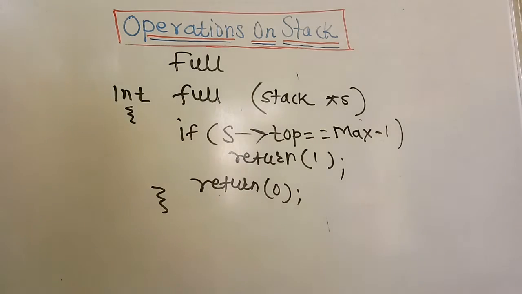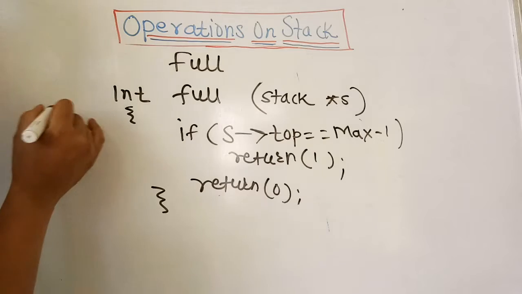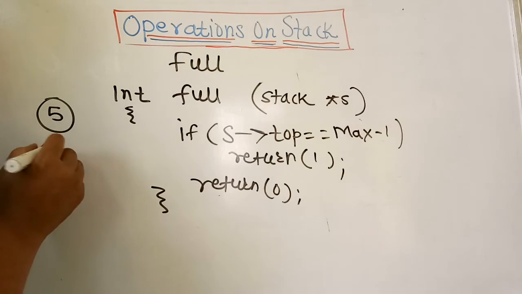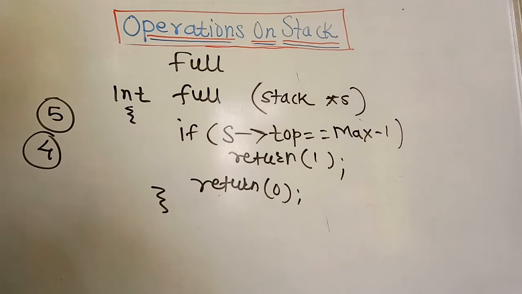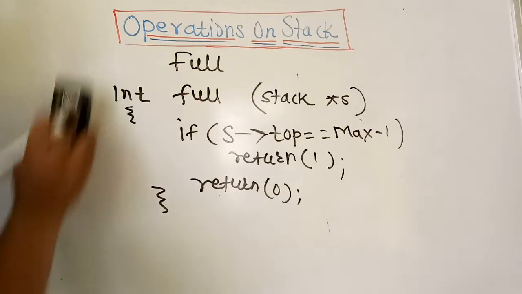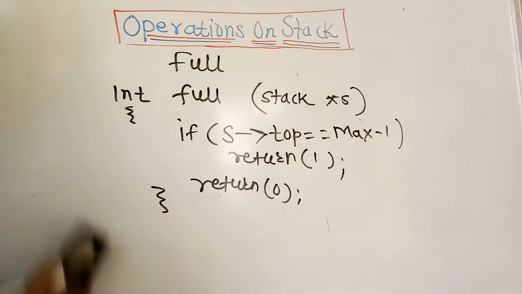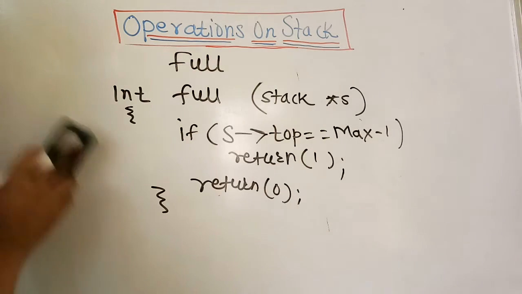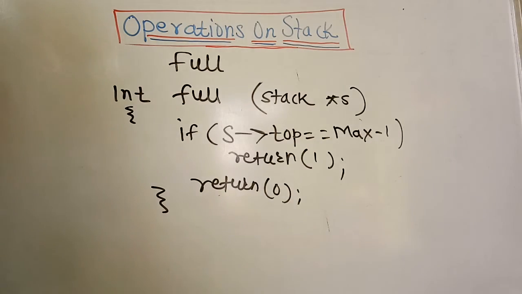Means when max size is 5, and you are at the max minus 1 position, which is 4, then the stack is full, and when the top is at the minus 1 position, then the stack is empty. So these are some functions related to stack emptiness and fullness.